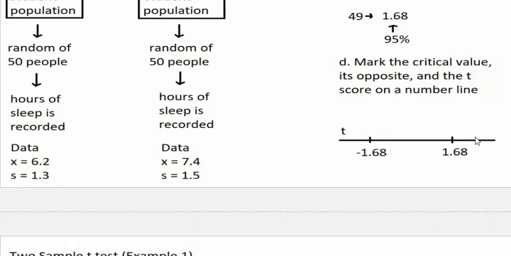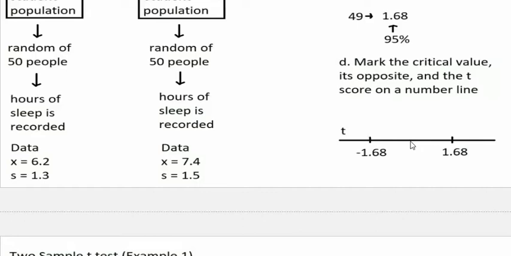So if the t-score reaches this critical value or further out this way, reject the null hypothesis. If it reaches this critical value or further out this way, reject the null hypothesis because it's in one of the rejection regions. If the t-score is in the non-rejection region, which is in between, you make the other decision, which is called retaining the null hypothesis.